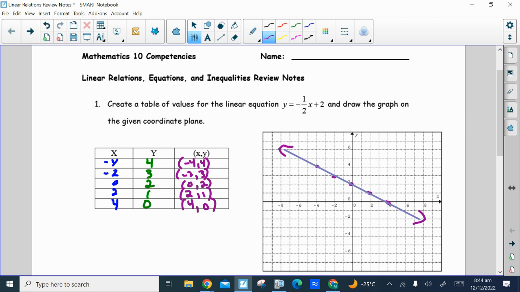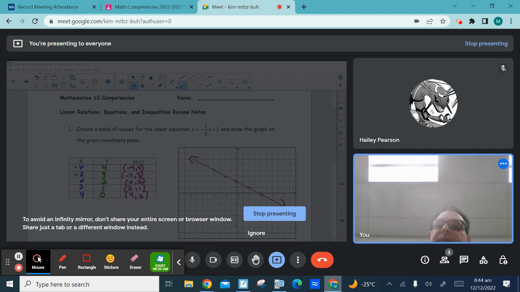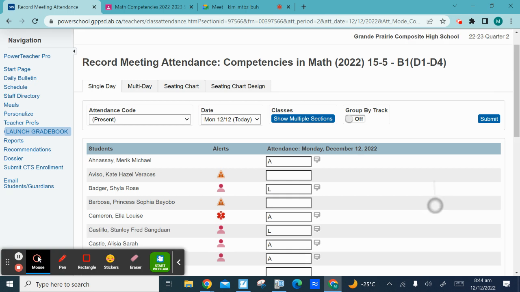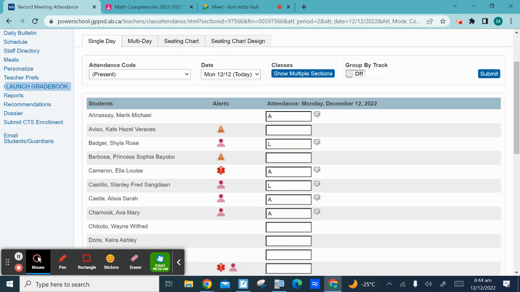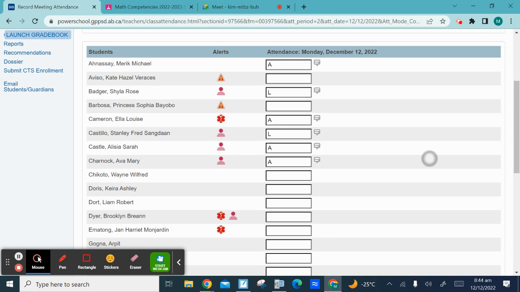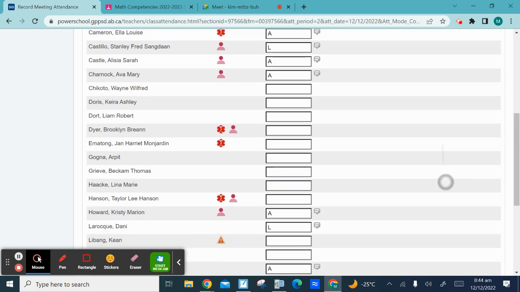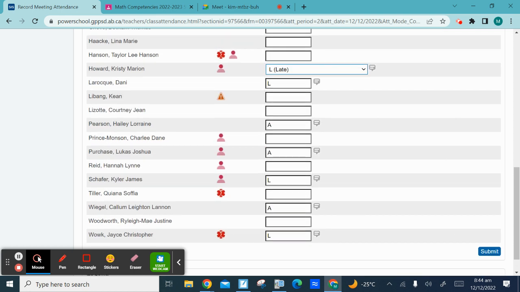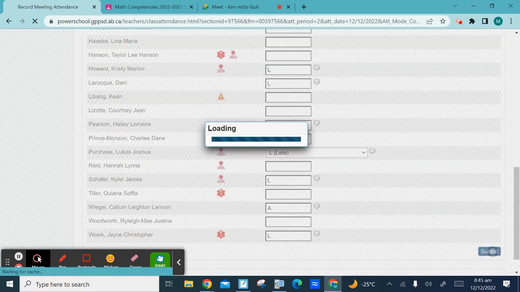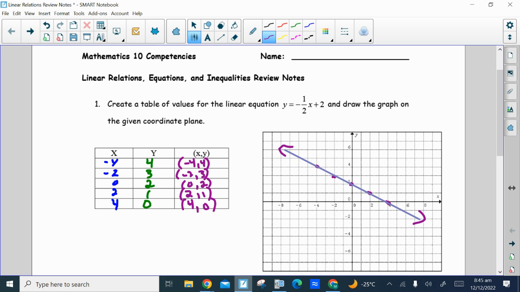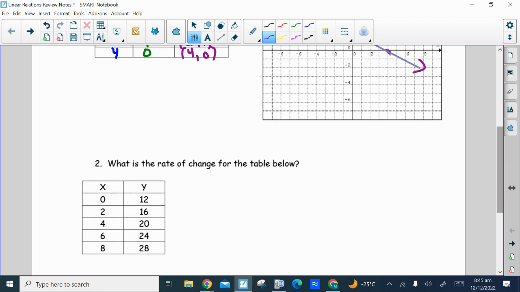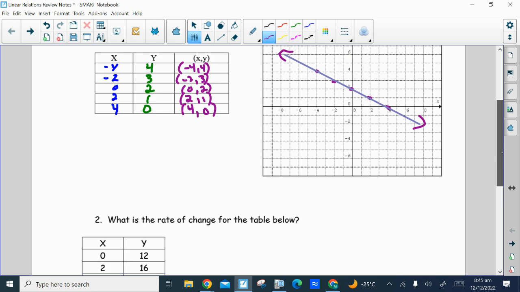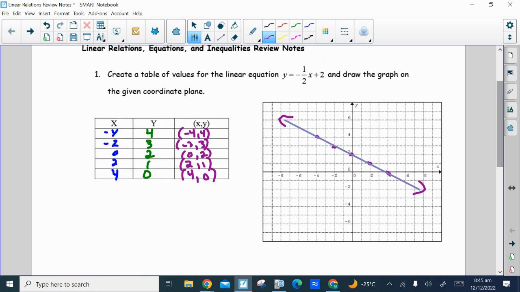So that represents a negative slope. Okay? And that slope is the rate of change.